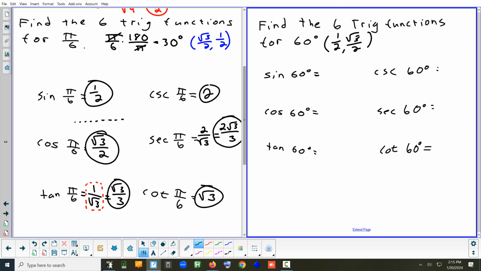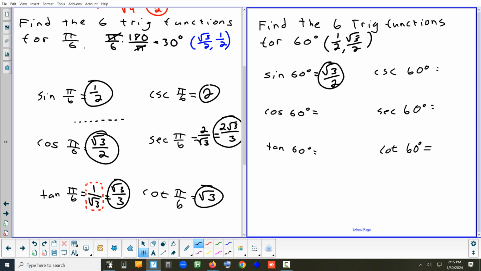Isaiah, what's the sine? Square root 3 over 2. Alex, what's the cosine? What's the formula for cosine? Do you remember that from yesterday?